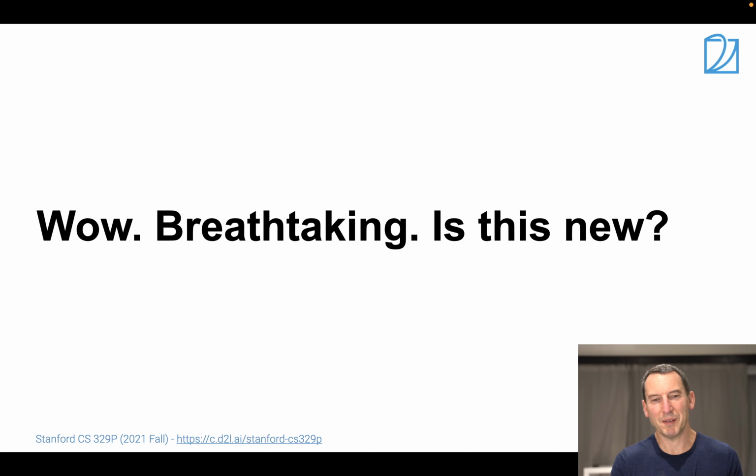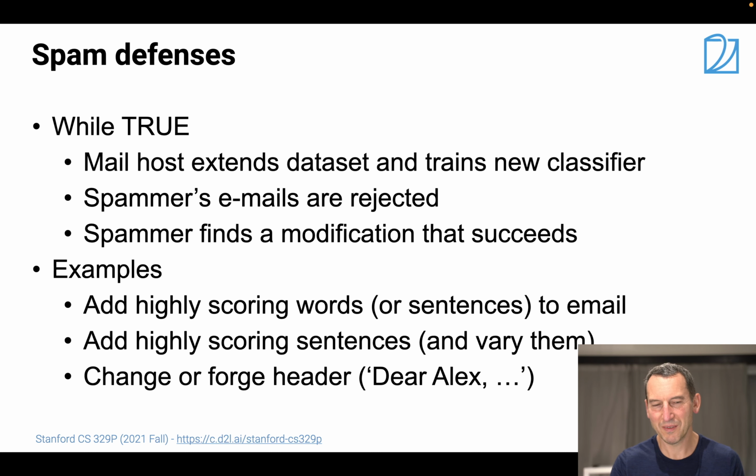So you might say, well, this is really breathtaking, and is this really new? Because at some point adversarial data was all the rage, and you couldn't go to conferences without seeing papers on it. Well, actually it's not. Everybody has, as a matter of fact, probably encountered this problem today.